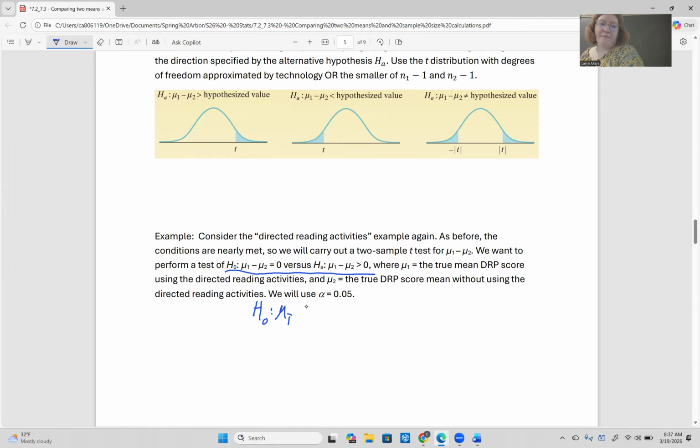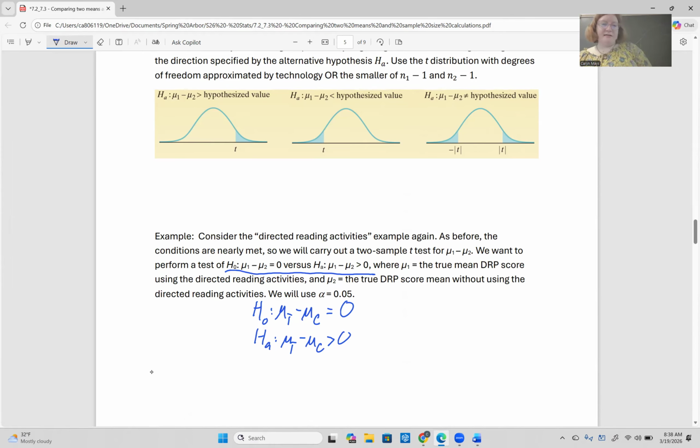We're testing mu t minus mu c is 0 against the alternative, the treatment scores higher. That just matches the T and C, so we know which one's the treatment versus the control from before.